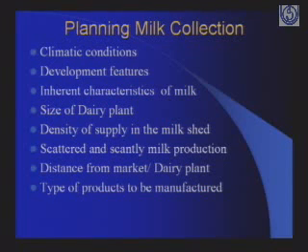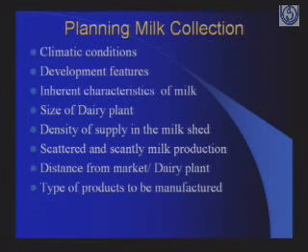First, the planning of milk collection. Now the planning of milk collection in India is different from other countries because of certain specialties in Indian conditions. First is the climatic condition, which is that the climate is hot and humid in India.